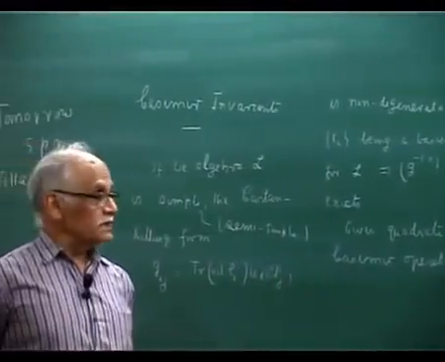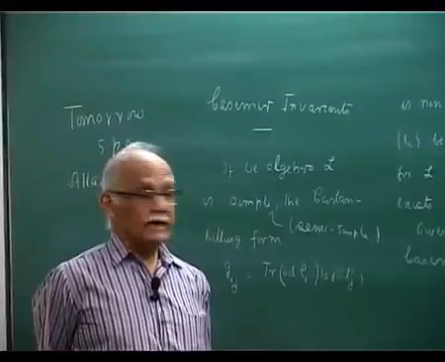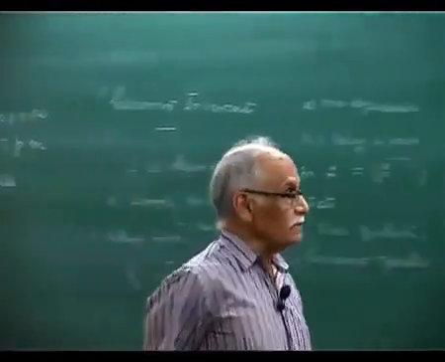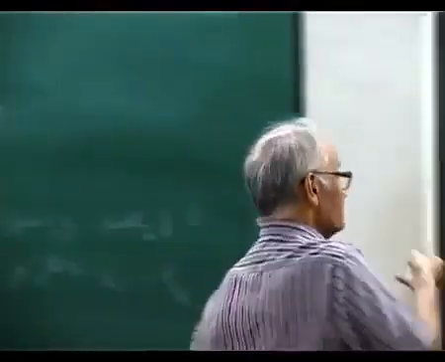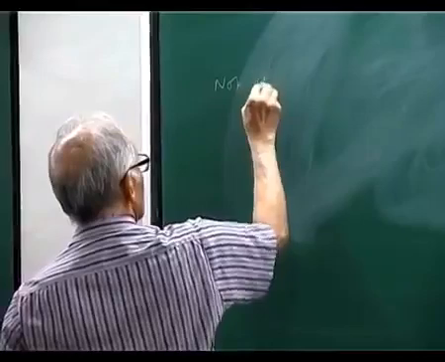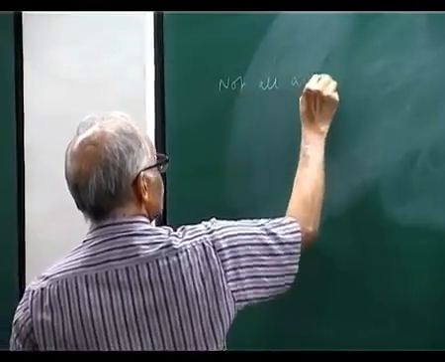These are the higher Casimirs, which you can write down, but not all of them are independent. It will terminate, we will see how it goes.